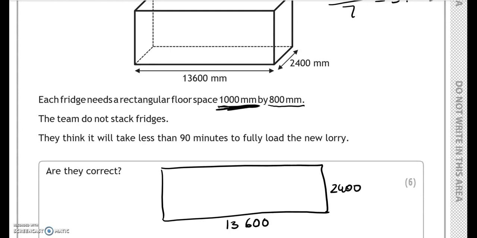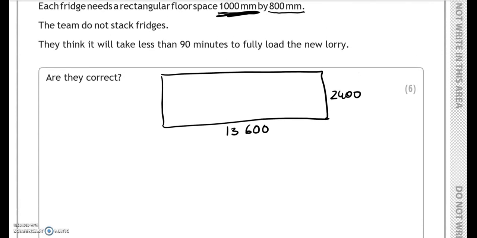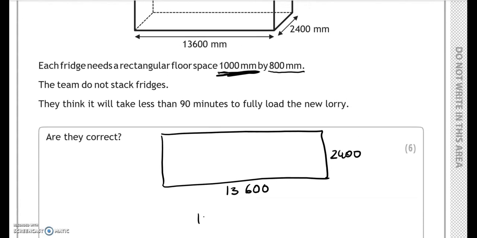So if I divide 13,600 by 1,000, that's going to give us 13.6.